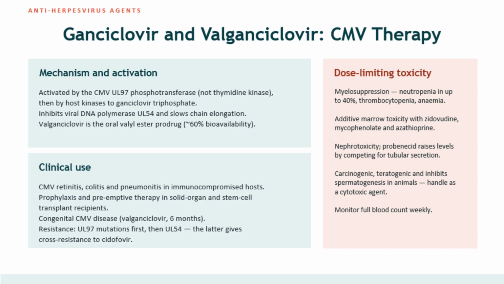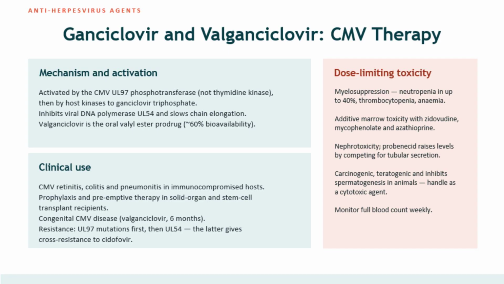But look at the red panel, because this is the honest part of the conversation. Ganciclovir is myelosuppressive, neutropenia in up to 40% of patients. Add zidovudine or mycophenolate and you're stacking marrow toxicity on marrow toxicity.